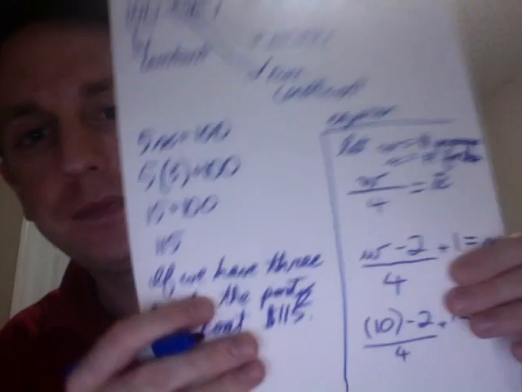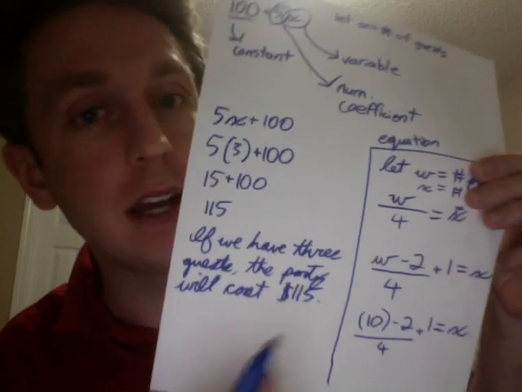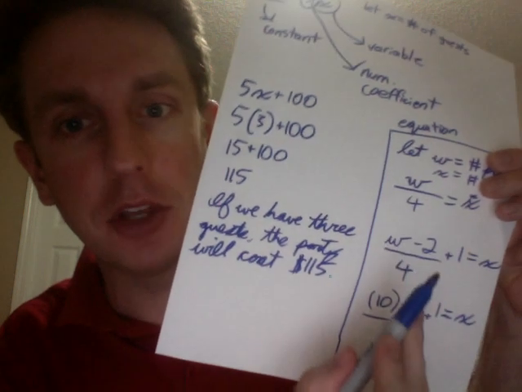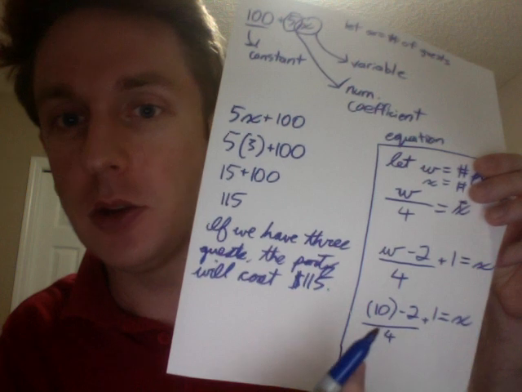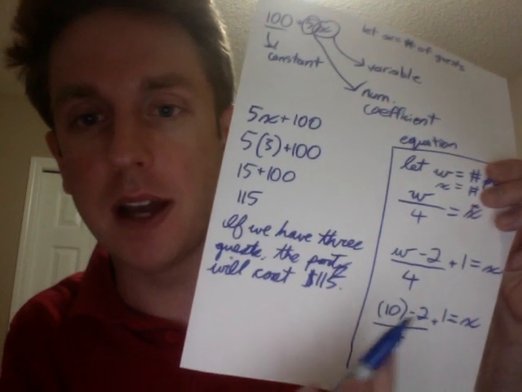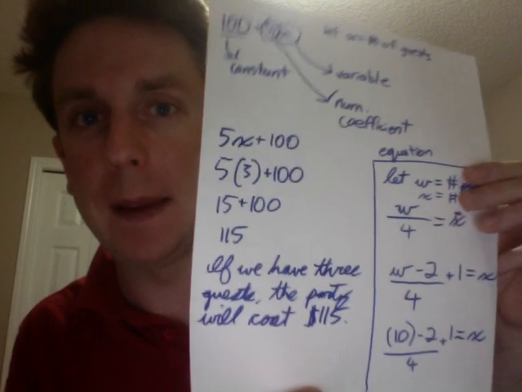Note that with this division, we're not just dividing the W here. We're dividing the W minus 2. So you can't actually do any division until you've simplified the 10 minus 2. Okay, so 10 minus 2 was 8. It still is 8, actually, to this day.